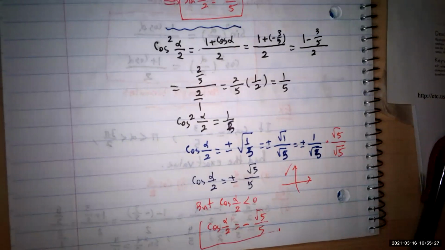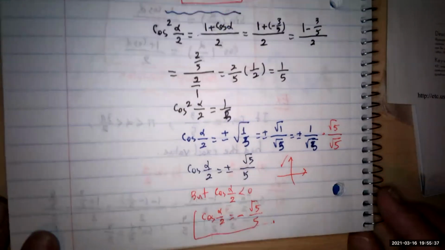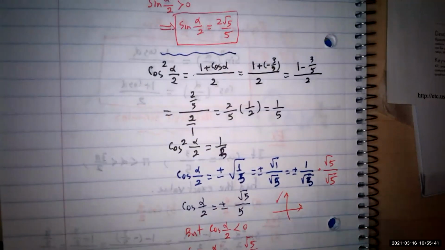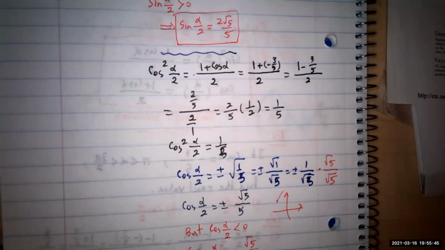Any question? The formula is easy, but when you apply it, you must make sure that you don't miss that last part. The information would be given regarding the alpha, so you know the position of the alpha, but you are going to use the alpha half.